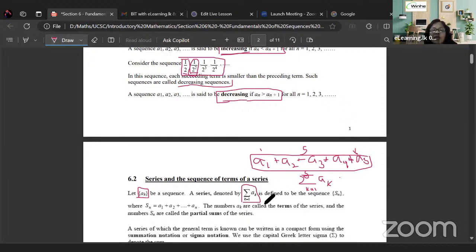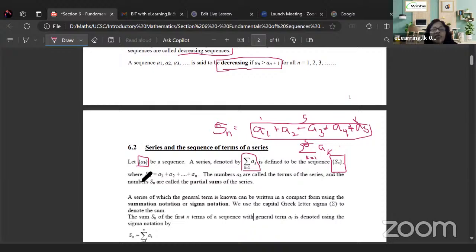Sigma ak starting from k equal 1, we denote it as Sn, the sum of n terms. So here you can see Sn is equivalent to a1 plus a2 plus a3 plus up to the n value.